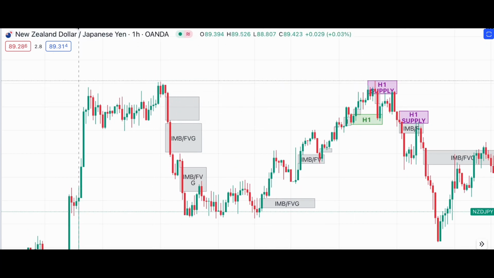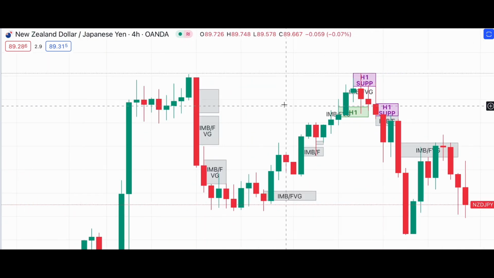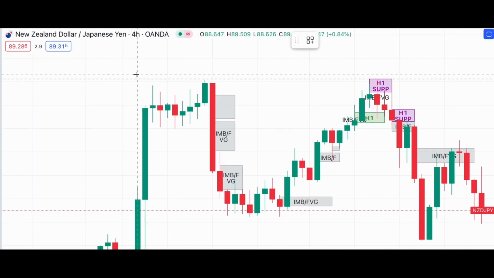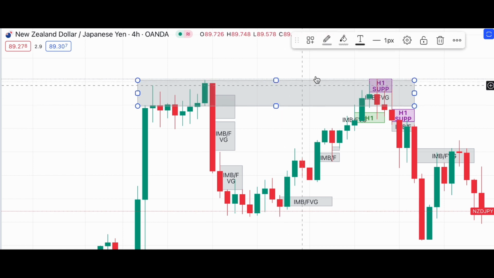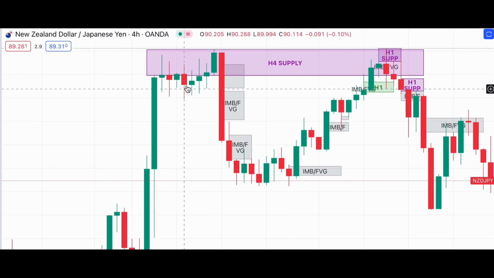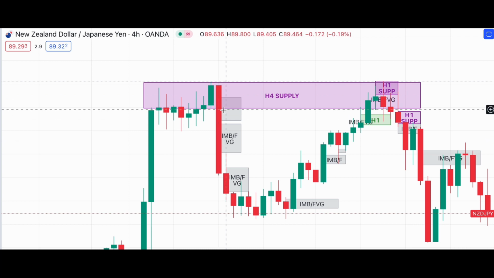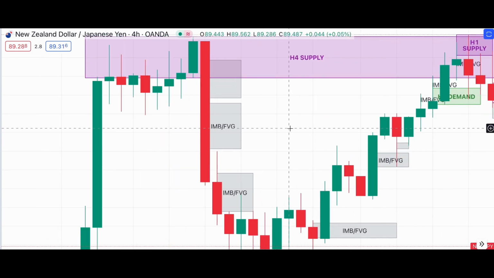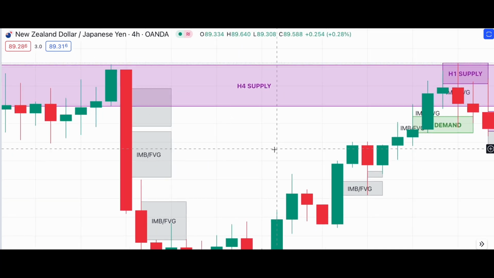Right here, this is also one of our examples, a very good sell zone. When you look at H4, right here we have the H4 supply zone. This is the H4 supply zone with a rally base drop, with the engulfing price action and with the fair value gap imbalance in between. This is the H4 imbalance.